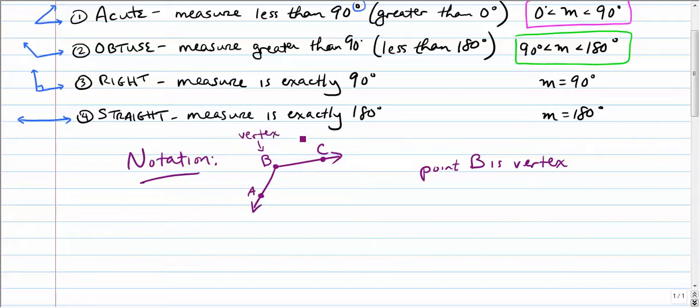That's where the angle turns. If we were to write this angle down, we would say angle. That's the way you write an angle, even though it doesn't really look like that in the actual diagram. You'd say angle ABC or angle CBA. Or if it's by itself in a diagram, you can just call it by its vertex.